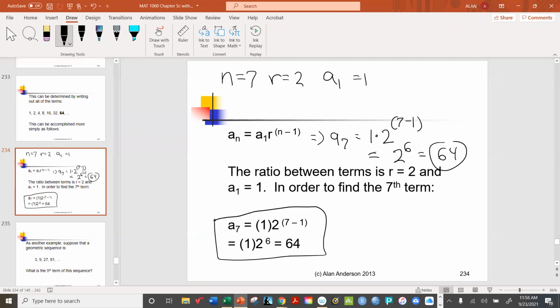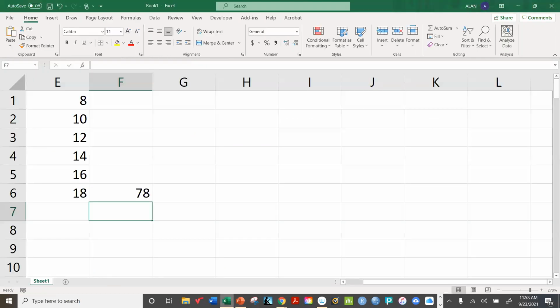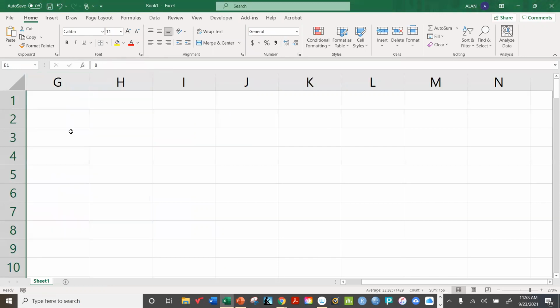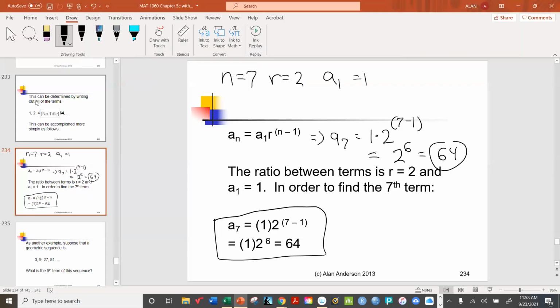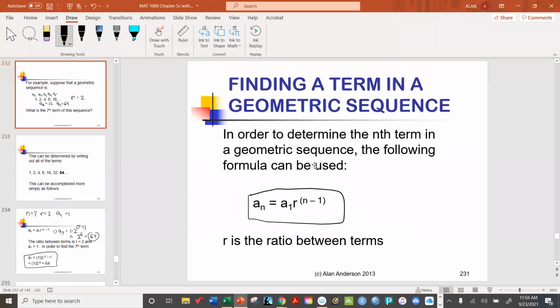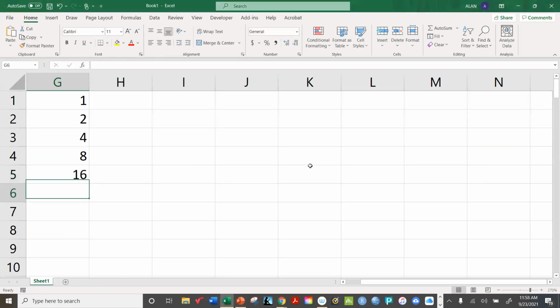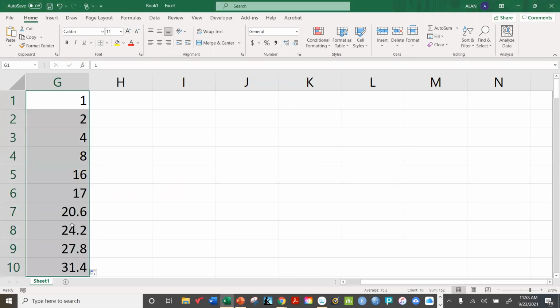Now, Excel, like I said, can do this for us too. Excel is very smart. Watch this. So the first terms were 1, 2, 4, 8. They gave us 1, 2, 4, 8, 16. Okay. So as long as Excel sees the pattern, I can just drag this down as far as I need.